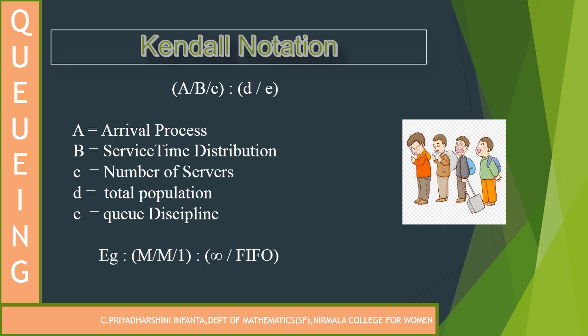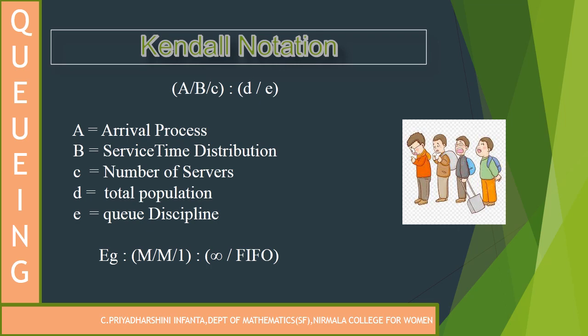Let us see with an example wherein I have taken the example of model 1: M/M/1/infinity/FIFO, where the first M follows the arrival process and the second M denotes the service time distribution or the inter-arrival distribution. 1 denotes that there is one server in the system, and infinity denotes the population size is infinite.